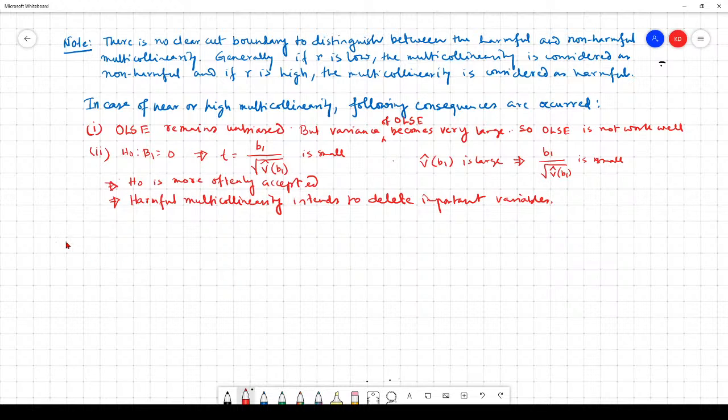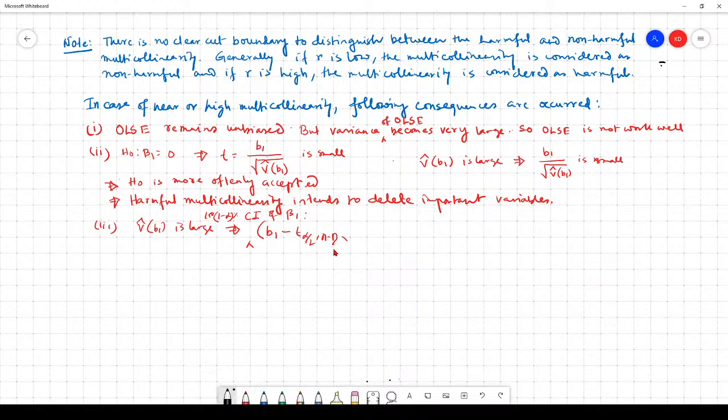Similarly, since the estimate of the variance of b1 is very large if multicollinearity occurs, this implies the 100 times (1 minus alpha) percent confidence interval of beta 1, that is b1 minus t alpha by 2, n minus 1 degrees of freedom. If you ignore the intercept term, then it is n minus 1.